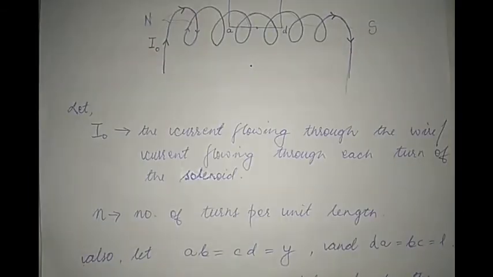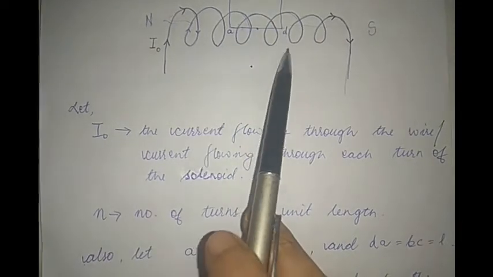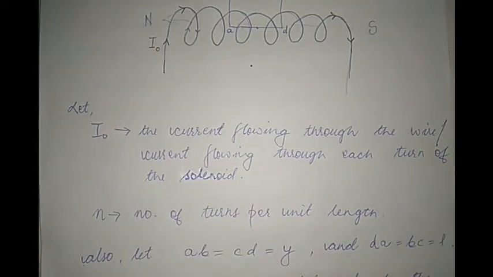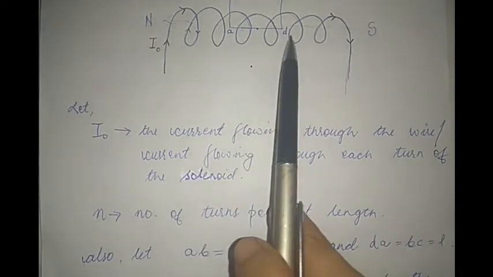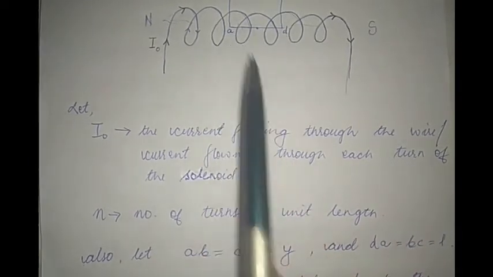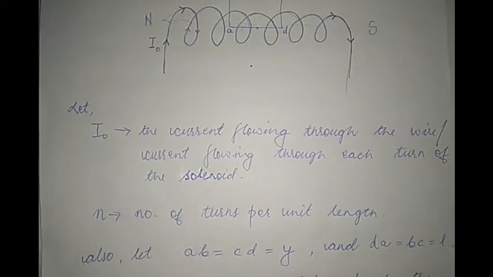Now we are saying the length of AD or DA is equal to L. Furthermore, n is the number of turns per unit length. So, if n be the number of turns in unit length, then the number of turns in the length L, that is the number of turns in this length, will be nL.